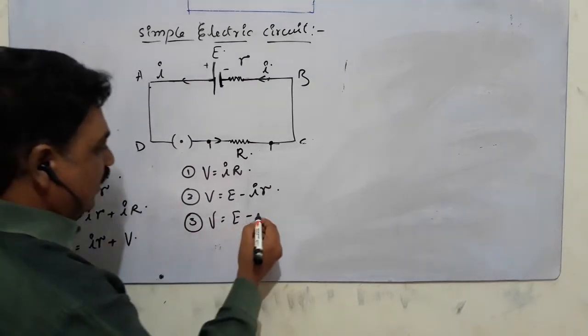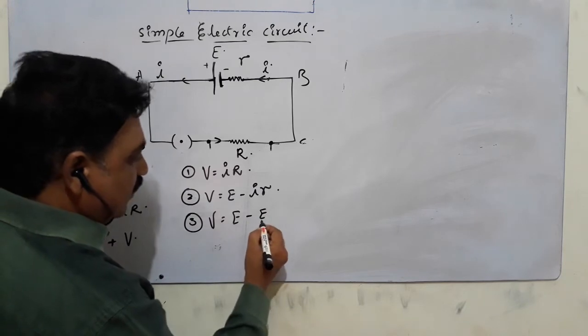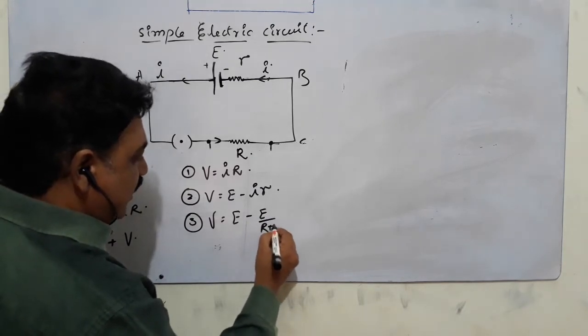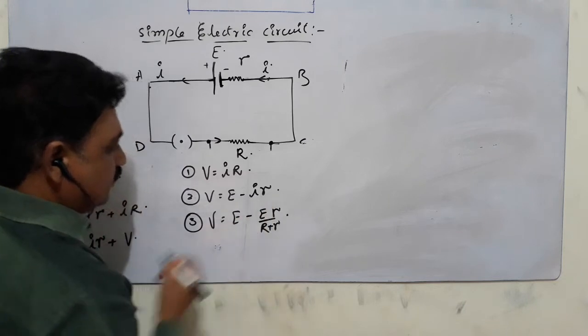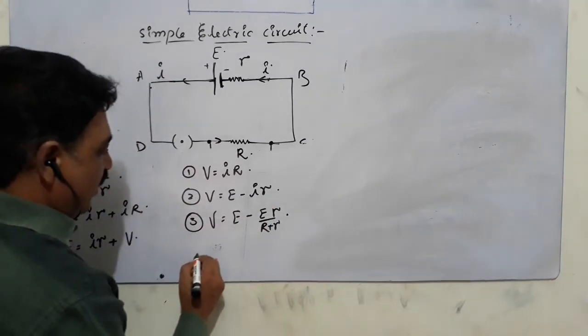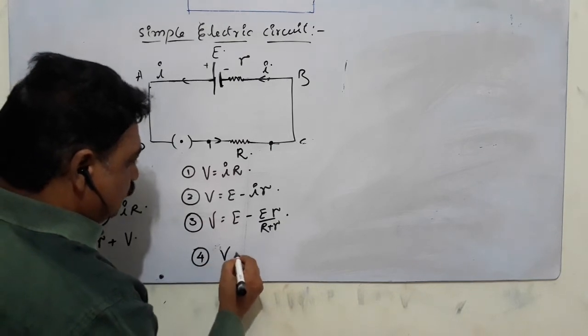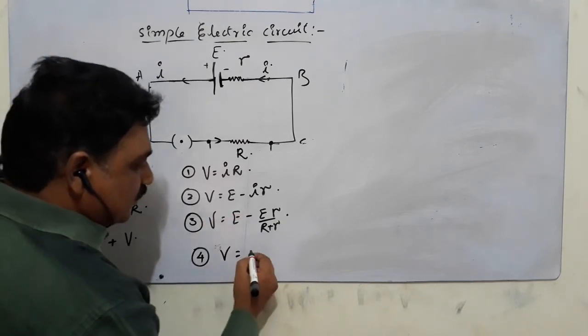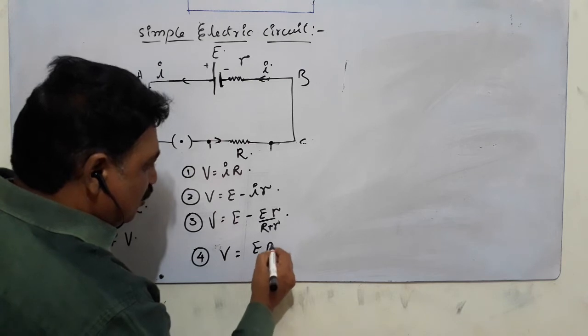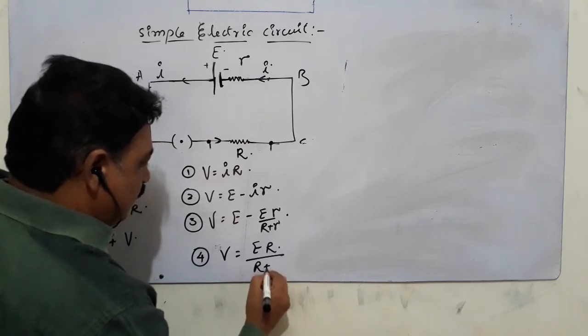E by R plus r, E by R plus r into r. Fourth formula, V is equal to IR. I means ER by R plus r.